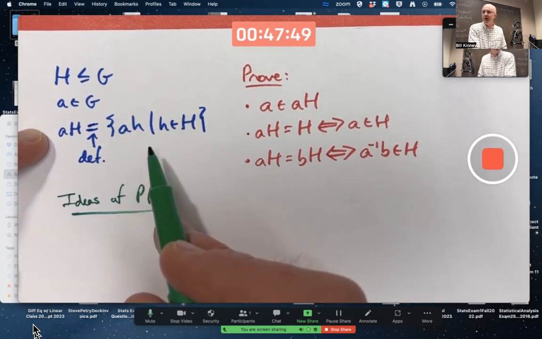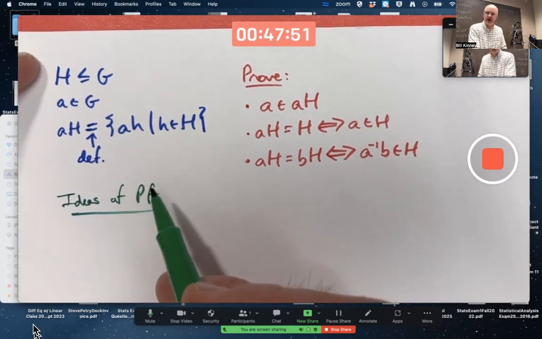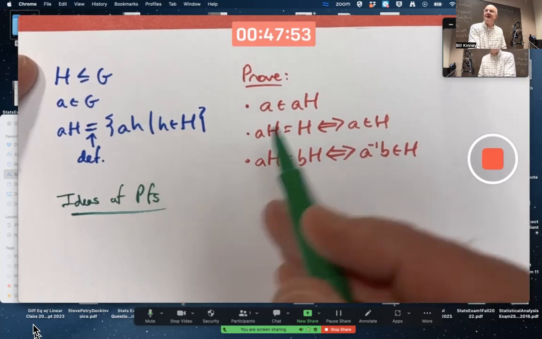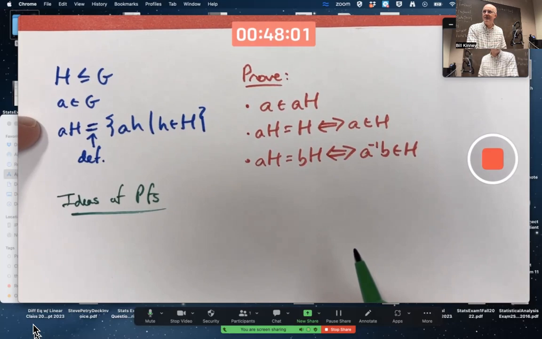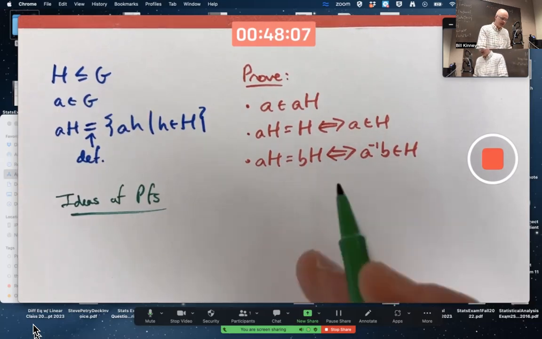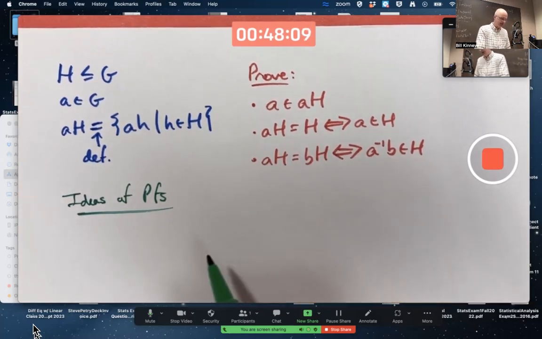However, we don't call it a coset unless H is a subgroup of G, and it doesn't have the properties that we like unless H is a subgroup of G. So we almost always think about this in the context of H being a subgroup of G. Almost never is H not a subgroup of G. And that's what we're assuming here in these properties.